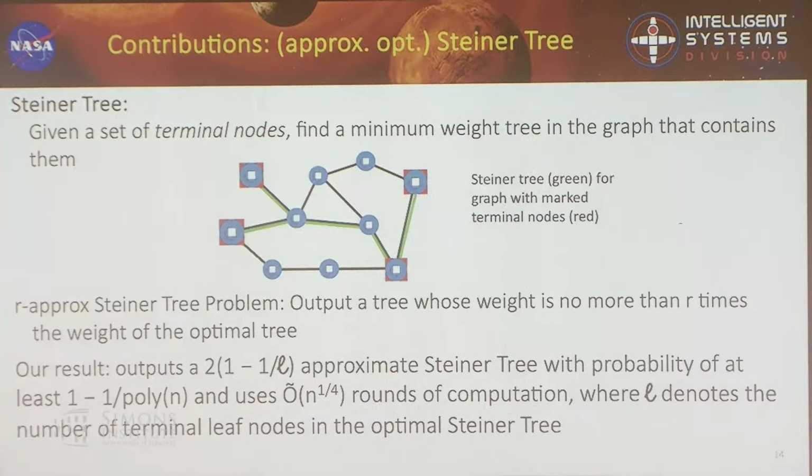And so we're able to find a good approximation with good probability in n^(1/4) rounds of communication, where L is the number of terminal leaf nodes in the Steiner tree.